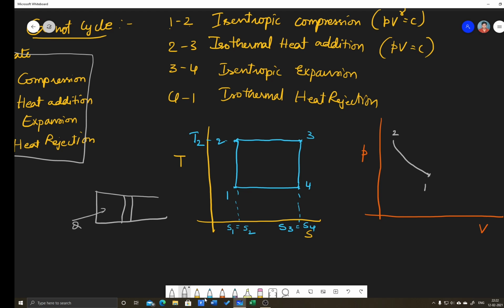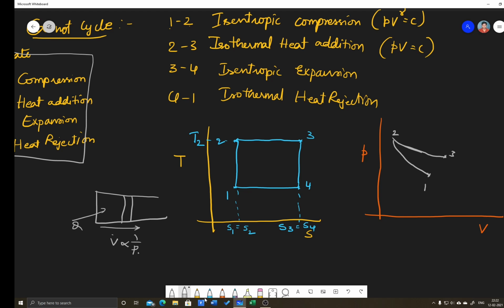If heat is added, what happens to this gas? This volume will increase. Here, if volume increases, because temperature is constant, pressure should decrease. So pressure will decrease and volume will increase.